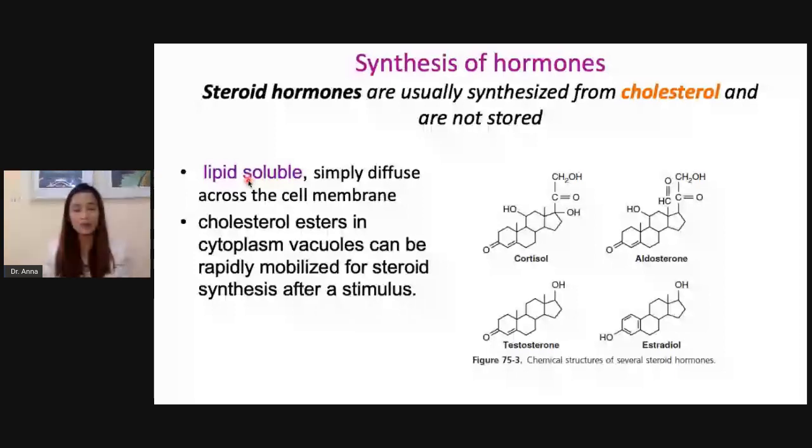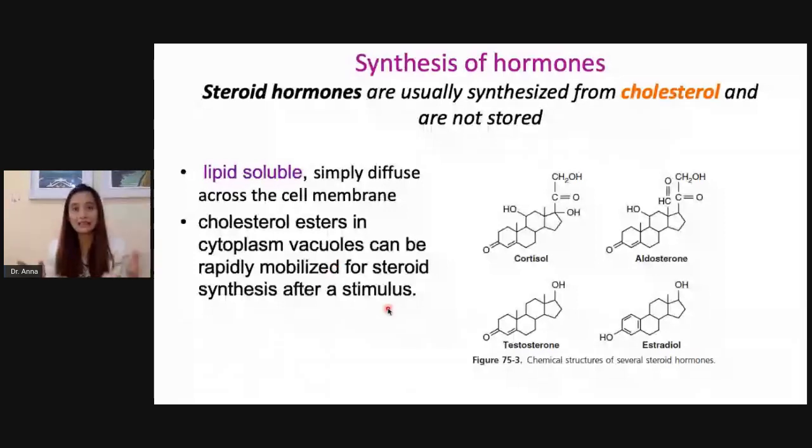Since they're lipid-soluble, they can simply diffuse across the lipid bilayer of the cellular membrane, as opposed to your water-soluble hormones, which need to be packaged first into vesicles. Your cholesterol esters in your cytoplasmic vacuoles can be rapidly mobilized for steroid synthesis after a stimulus.